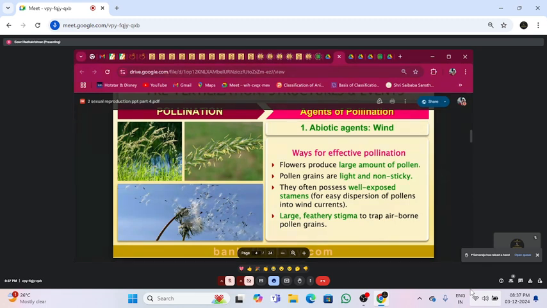They often possess well exposed stamens for easy dispersion of pollen into wind currents, and large feathery stigma to trap airborne pollen grains. The plants which use wind as an agent are prepared for this.